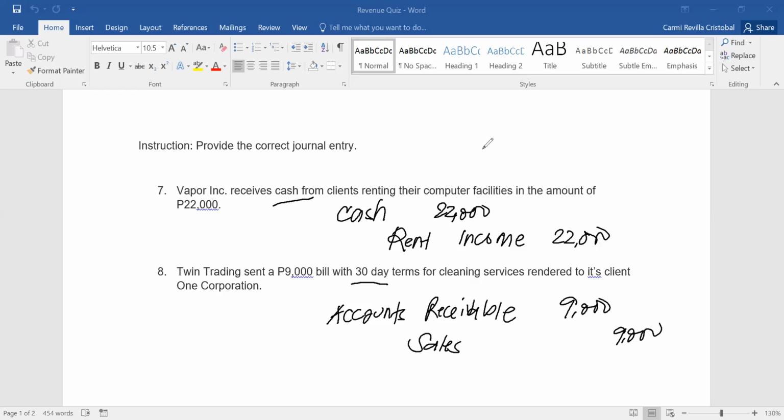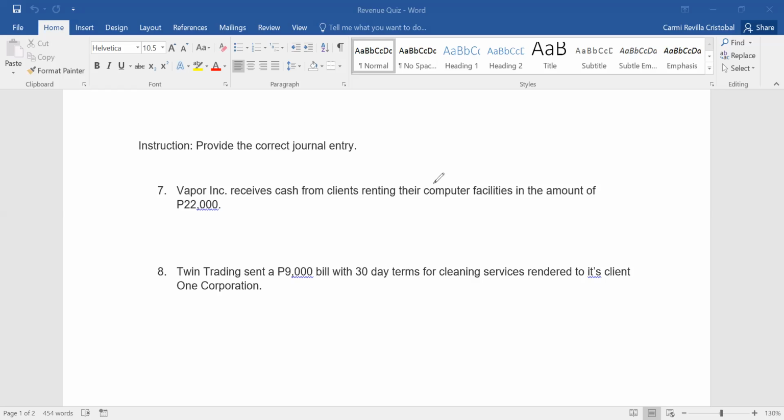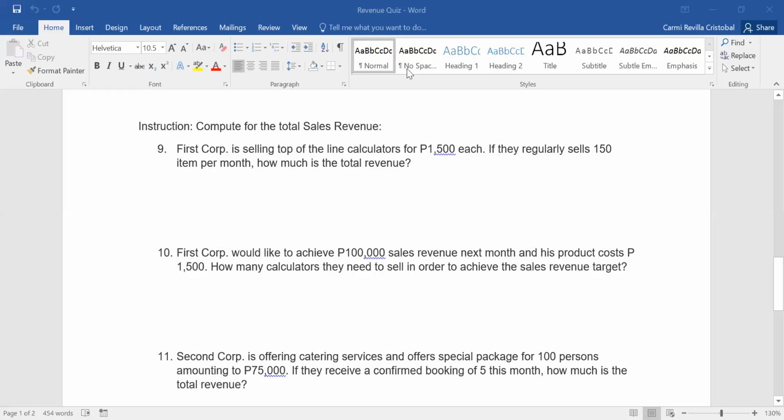None. Okay, now let's go to the problem solving. Okay, so number 9. Let's read this. First Corporation is selling top of the line calculators for 1,500. So the cost is 1,500.